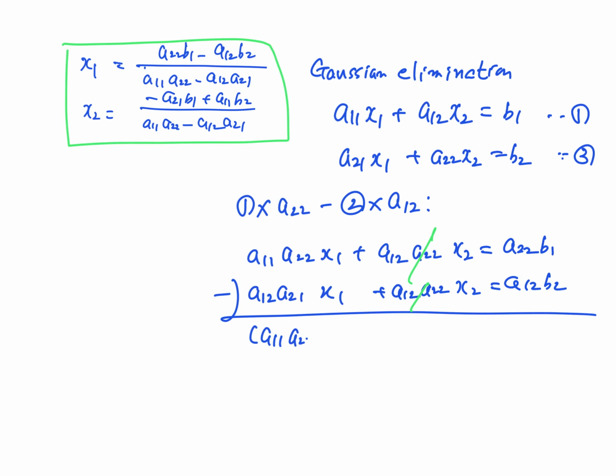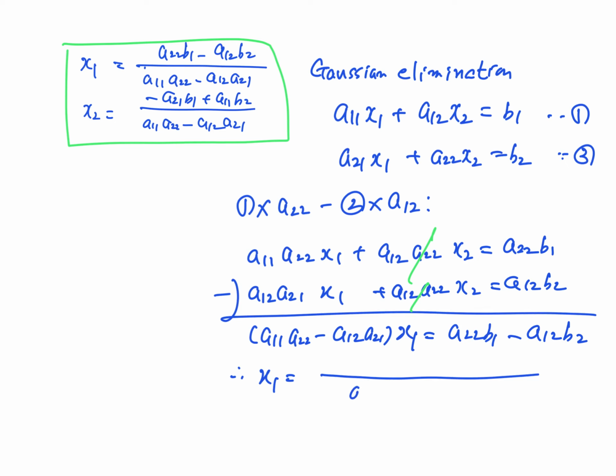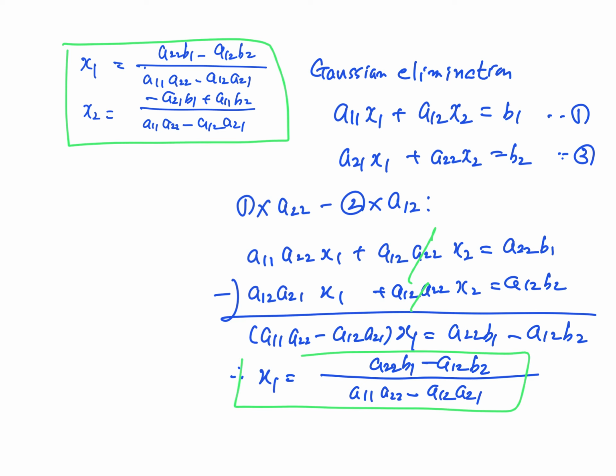A11 A22 minus A12 A21 times x1 is A22 P1 minus A12 P2, right? So x1 is (A22 P1 minus A12 P2) over (A11 A22 minus A12 A21). So this answer is the same as this, right?